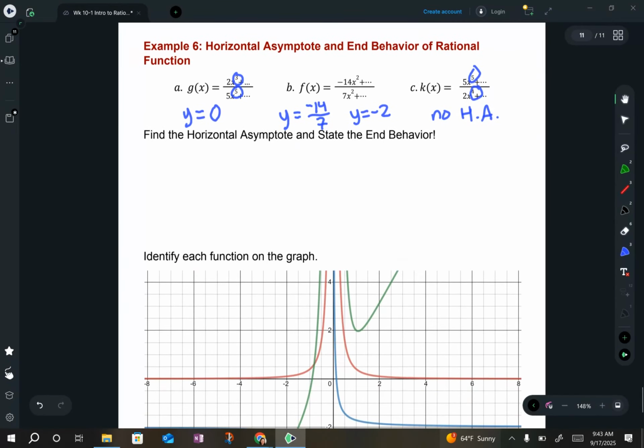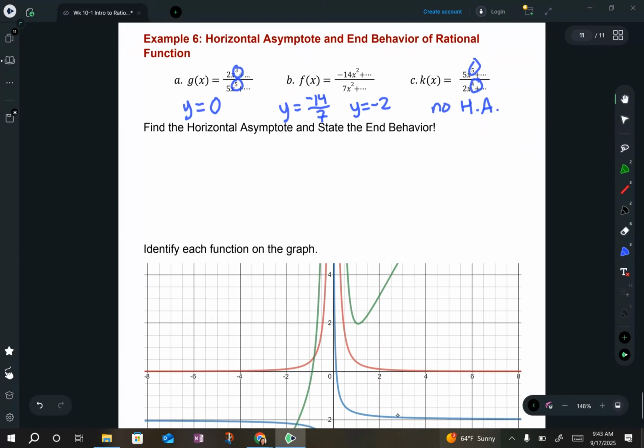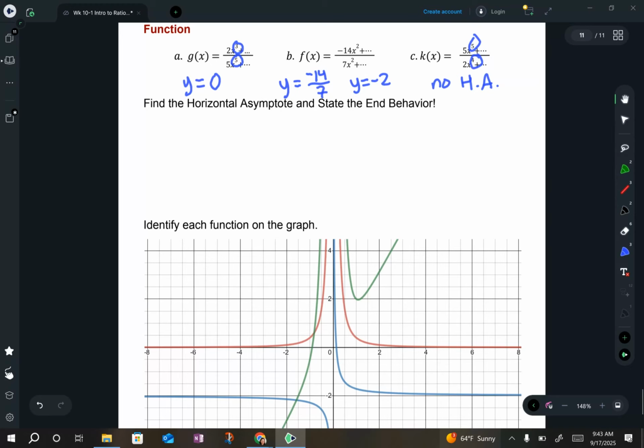Now looking at our graph, so we know what these look like and which is which. The red graph shows a horizontal asymptote of the x-axis. You can see as x goes on, it's just going to get closer and closer to the x-axis. So this is g of x, the red function.